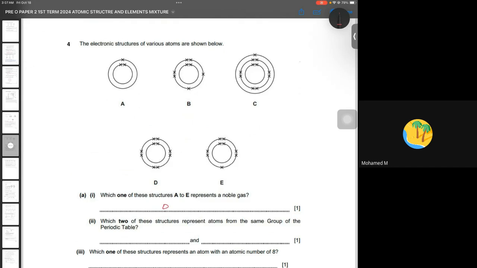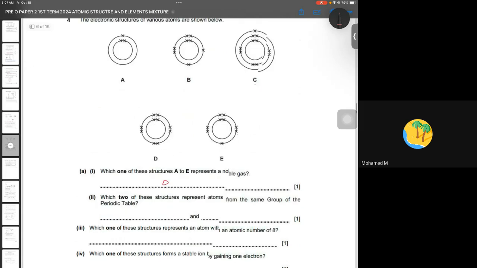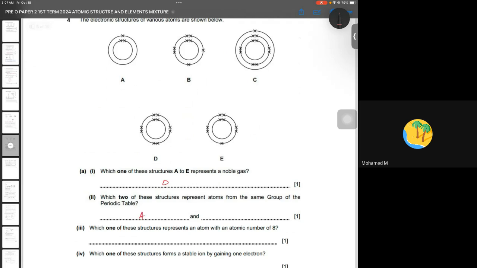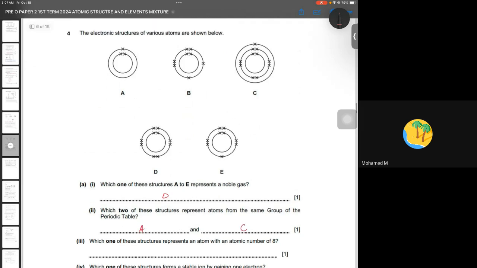Which two of these structures represent atoms from the same group of the periodic table? It's E and B. It's A and C. This is lithium.